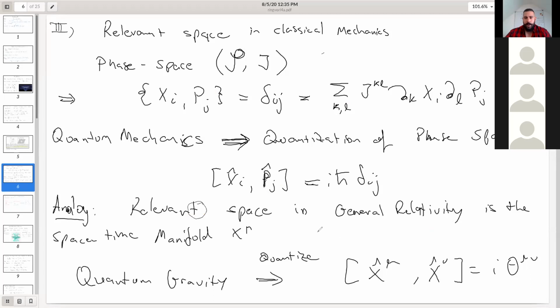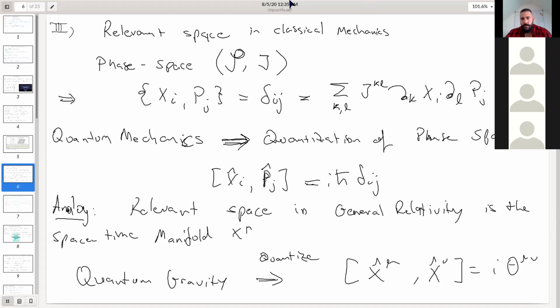And the relevant space, or space-time, and now talking about space is a bit confusing, but the relevant space in general relativity is the space-time manifold, which is given by some points on that manifold and so on.